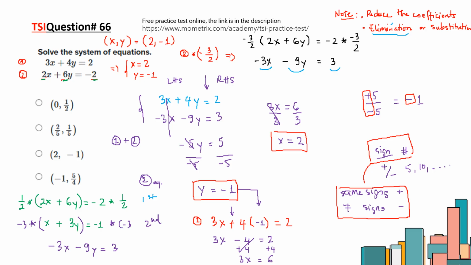Some people ask me, hey, can I write my solution as y equal -1, x equal 2? I mean, it's okay, but I recommend writing in alphabetical order. Whatever comes first, write that first. So x, y, z.